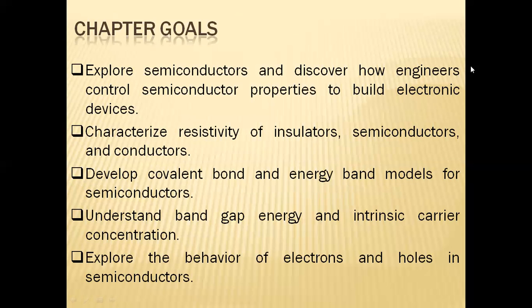Going to the chapter goals: exploring the semiconductors, and discovering how engineers control semiconductor properties to build up electronic devices. So you need to characterize the new circuit system.